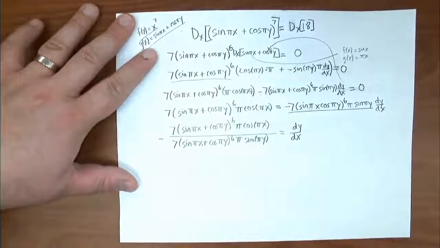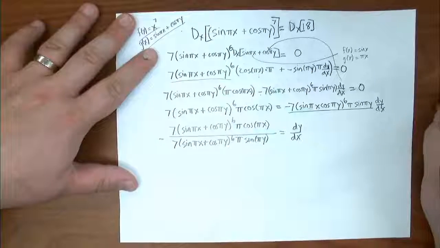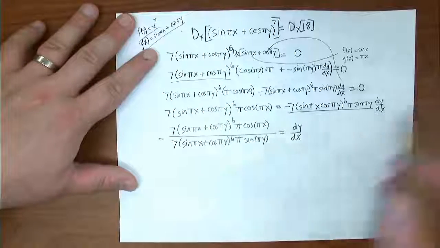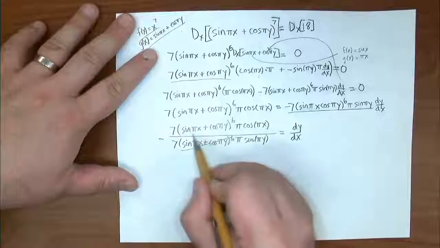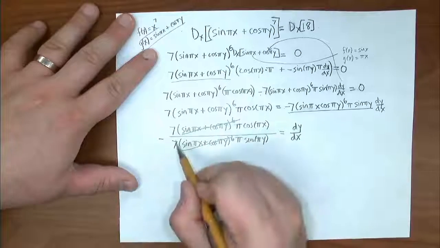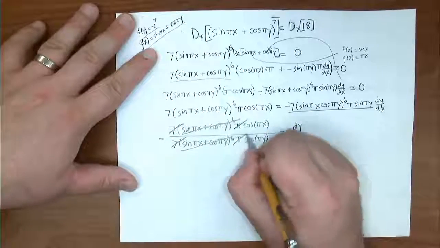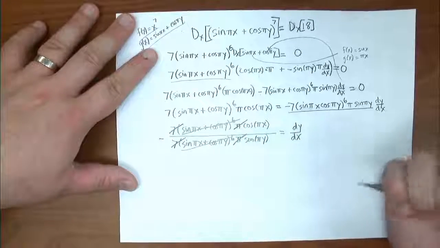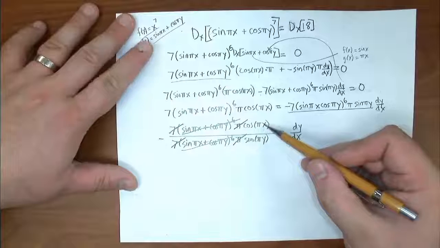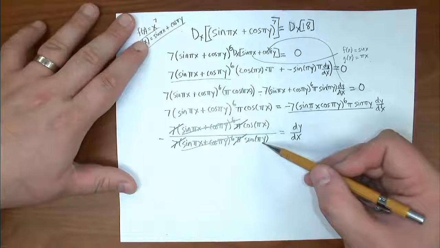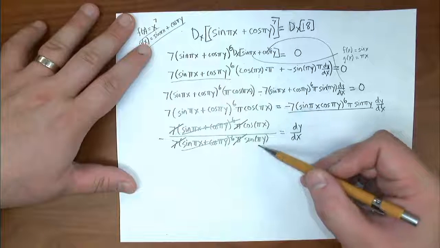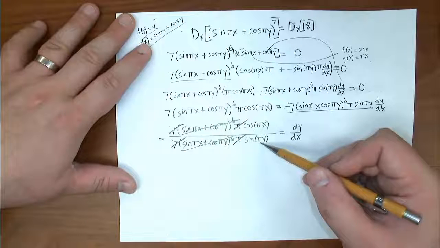dy/dx. What do you notice about a whole bunch of stuff there? That's the same on the top and the bottom. That's the same on the top and the bottom. That's the same on the top and the bottom. Cosine pi x over sine pi y. You almost think like you could write that as, what's cosine over sine? That's cotangent.